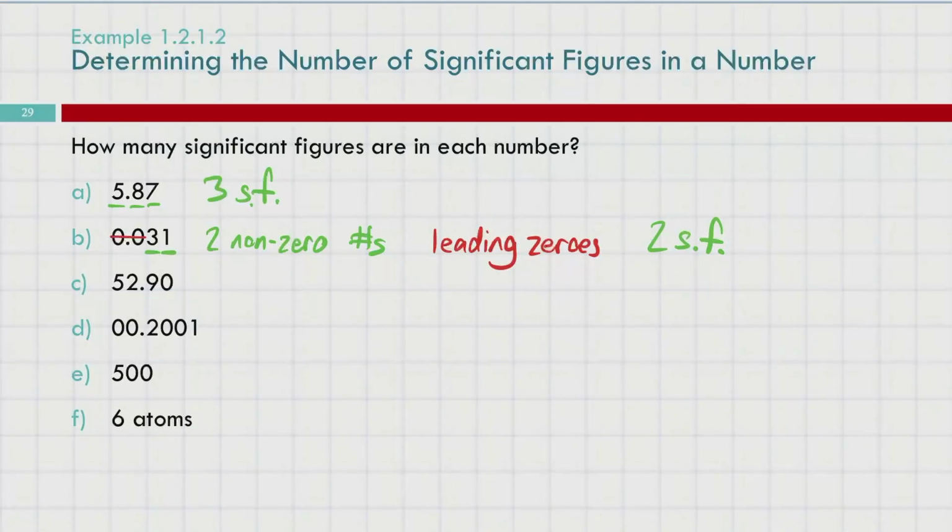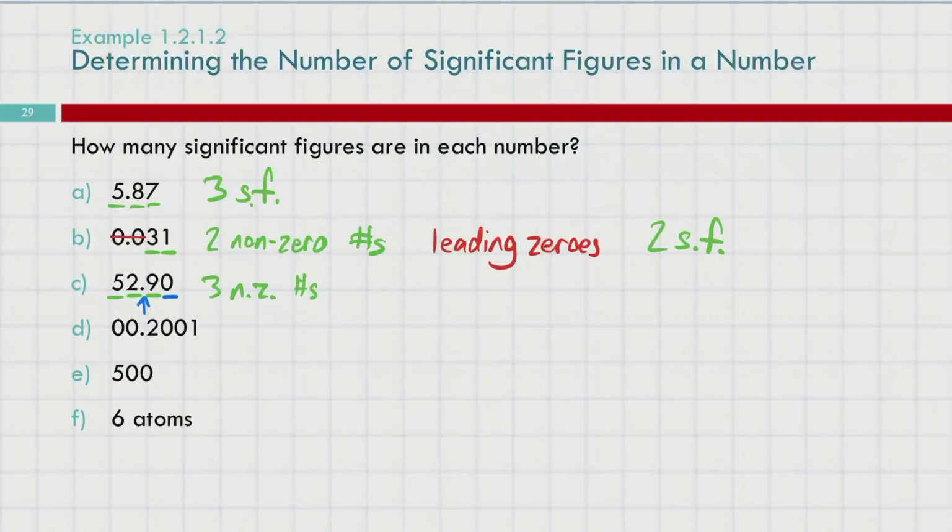For C, 52.90, we again have 3 non-zero numbers, and we have a 0. This 0 is trailing, and we have a written decimal point.